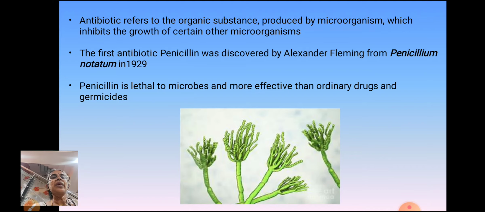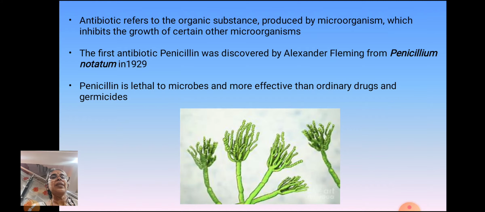An antibiotic refers to the organic substance produced by a microorganism which inhibits the growth of certain other microorganisms. The first antibiotic, penicillin, was discovered by Alexander Fleming from Penicillium notatum in 1929. It is also called the wonder drug.